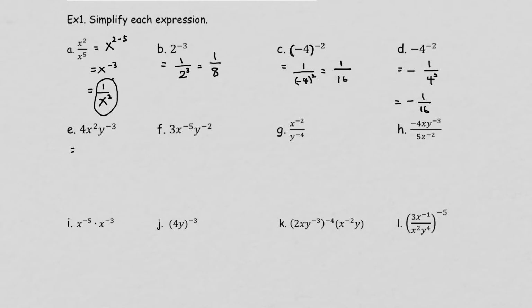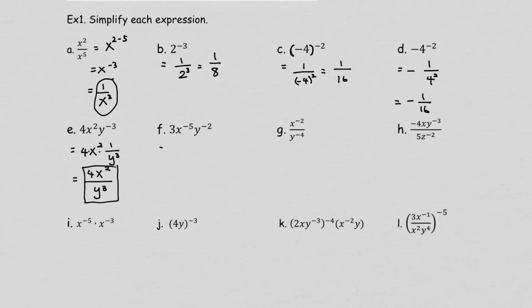So then you will end up getting 4x squared, and y becomes 1 over y cubed. And because this is all multiplication, you can write it in one fraction form. It looks like that.